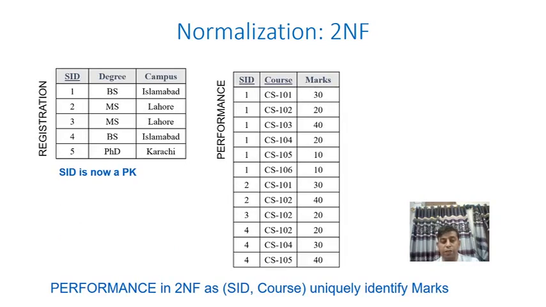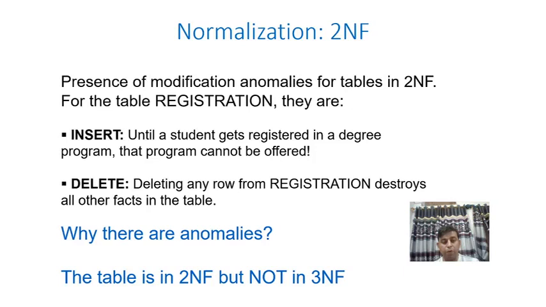If a student wants to get admission in PhD at Karachi, then he or she must have registered and got the SID, or student ID. Otherwise the program cannot be offered.